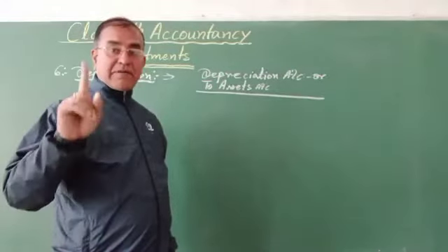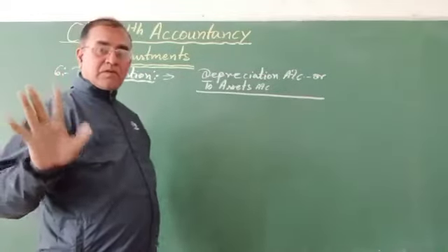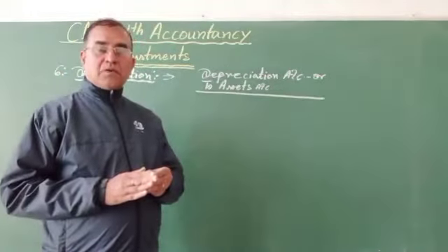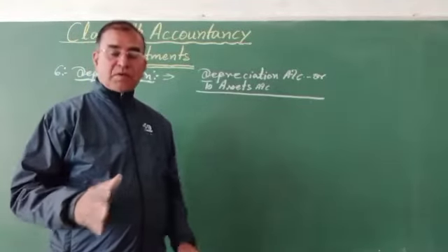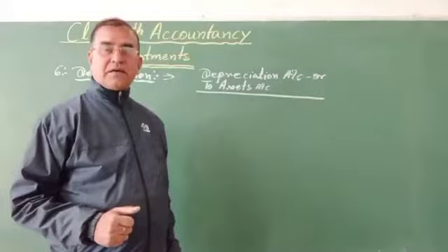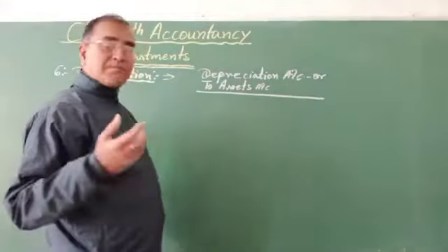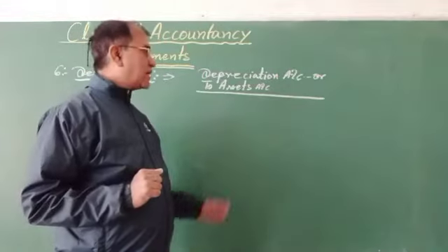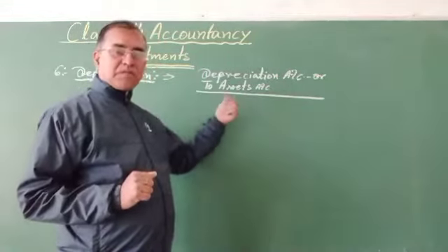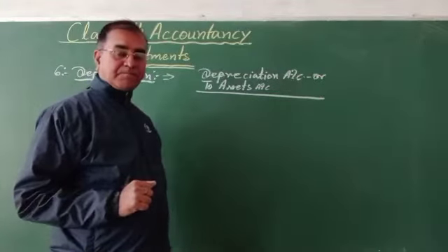Remember, debit side of the profit and loss account. Suppose that the value of any asset decreases, so the profit will be lessened. Definitely, this will be deducted from profit and shown in the profit and loss account on the debit side.